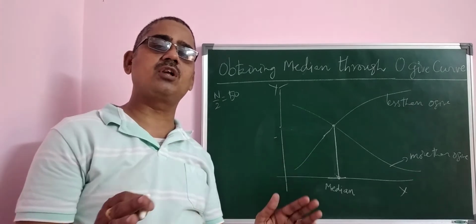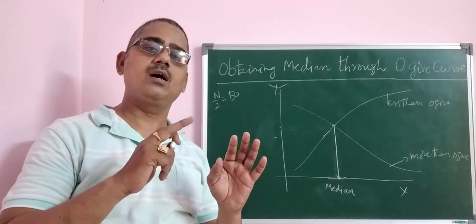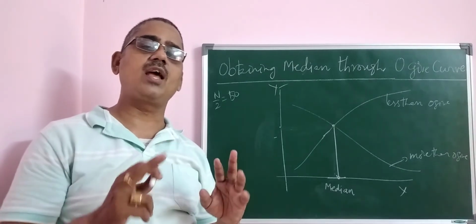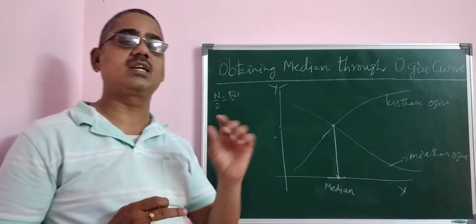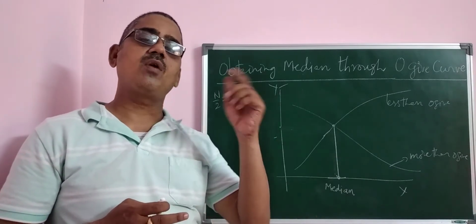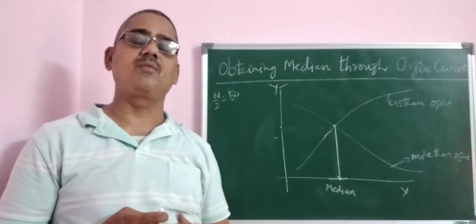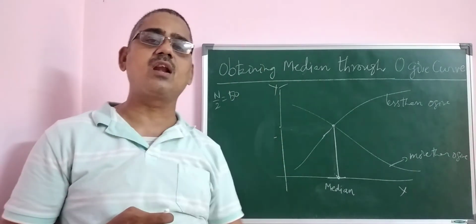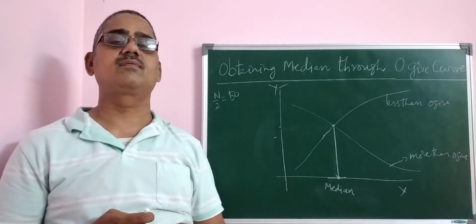Construct the less than Ogive and more than Ogive. We can easily observe that they meet at one particular intersection point. Both the curves intersect at a particular point, which is very clear. From that intersection point, draw one perpendicular line meeting the x-axis.